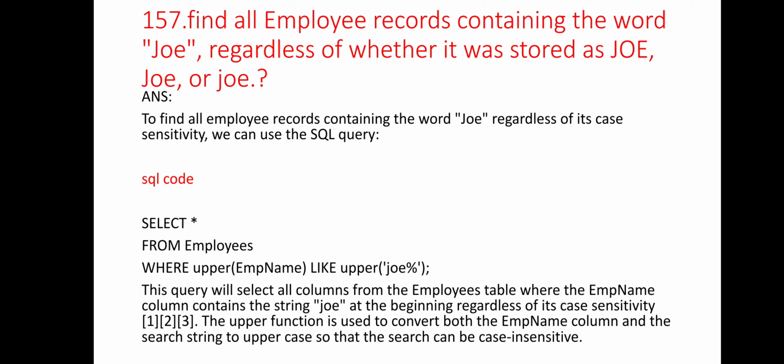Question number 157. Find all employee records containing the word Joe, regardless of whether it was stored as JOE in all capitals, Joe in standard title case, or joe all small. Answer: to find all employee records containing the word Joe, regardless of case sensitivity, we can use the SQL query: select all from employees where upper(emp name) like upper('Joe%').